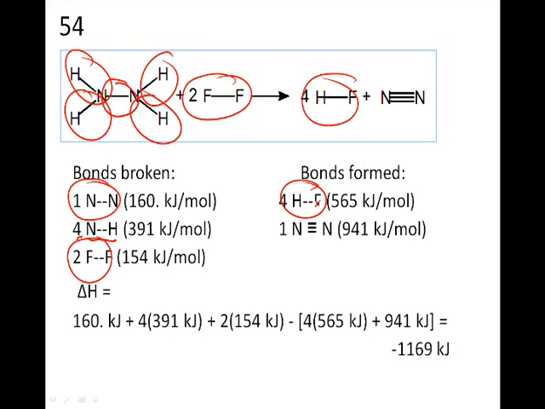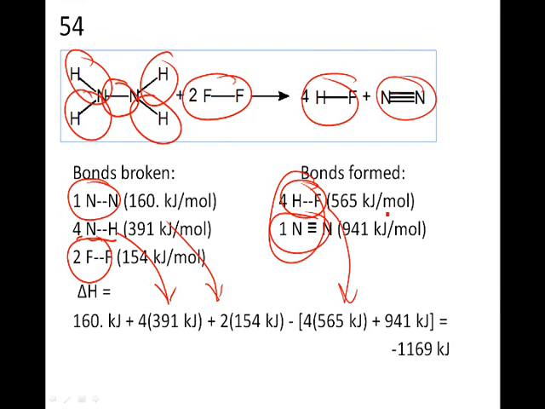So we have to do 4 times this number, and there's the nitrogen-nitrogen triple bond that's also formed. So we have these 5 bonds that are formed that we need to subtract. So here are all of these added together. Here are these added together. Notice we have 4 of the 565 kilojoule, and we're subtracting this total, and so that should come out to negative 1169 kilojoules.